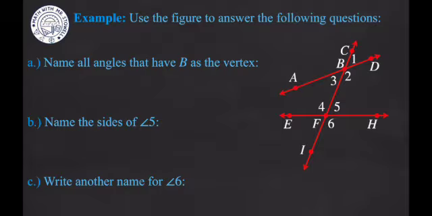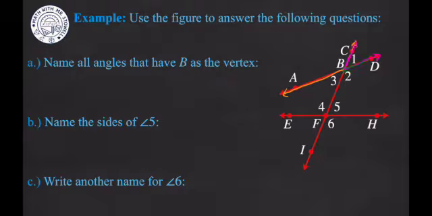So let's go ahead and find B. B is right here. That is a vertex. Notice we have an angle that is right going there with that ray. BC and BA, those are both rays that connect at that angle. We also have another ray with BC, and we have BD. That's another angle that has B as a vertex.